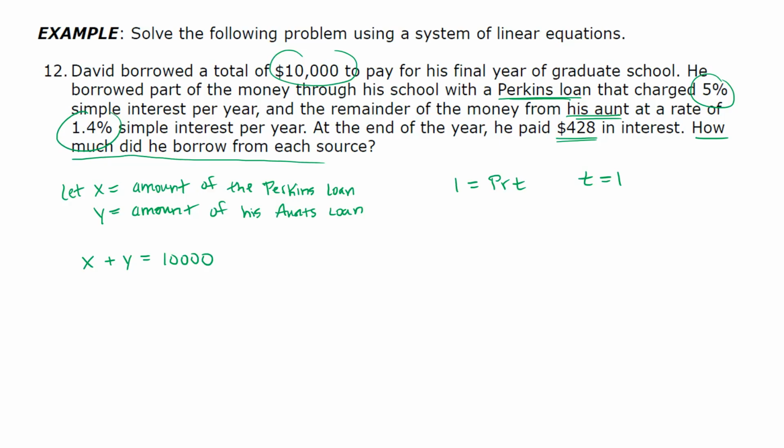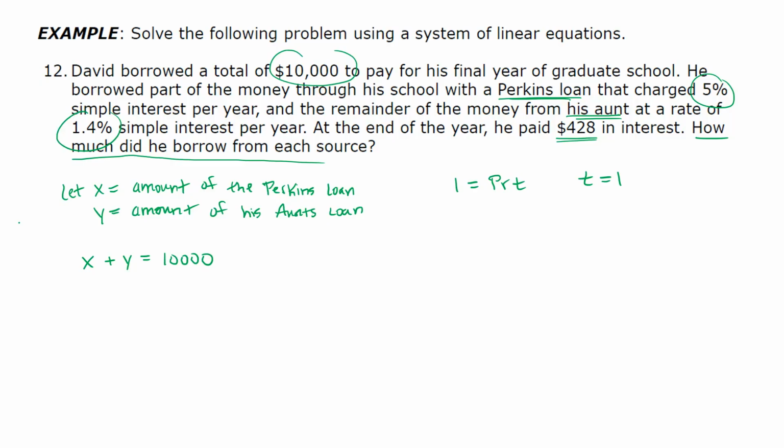Now the interest of the Perkins loan is going to be PRT, where P is principal, R is the rate, and T is time. Now we know time is 1, so we're just really focusing on P and R. Principal is the amount that you started with. We don't know the amount of the Perkins and we don't know the original amount of the aunt's, but we gave them both variables.